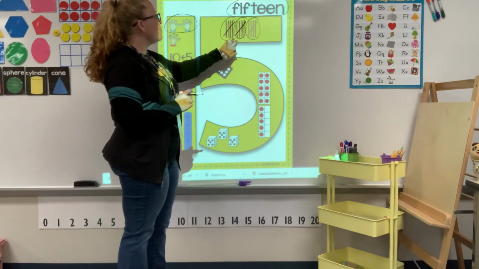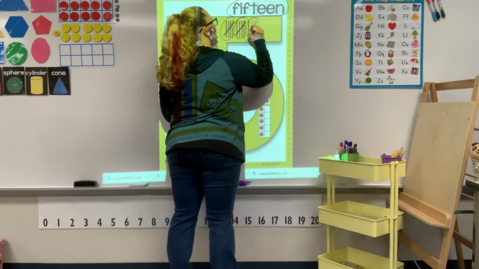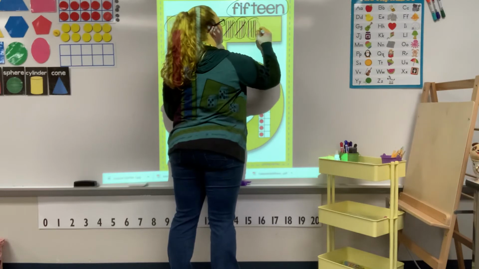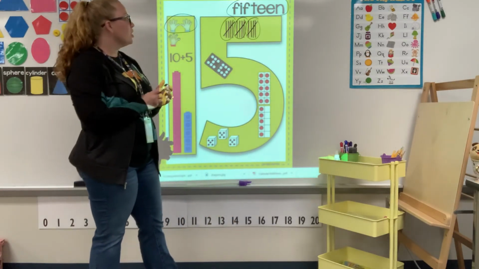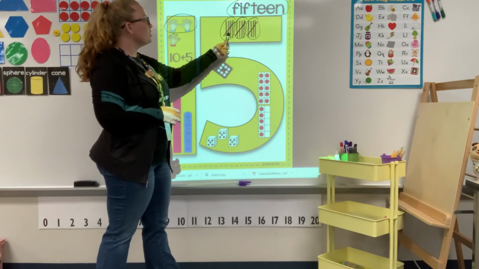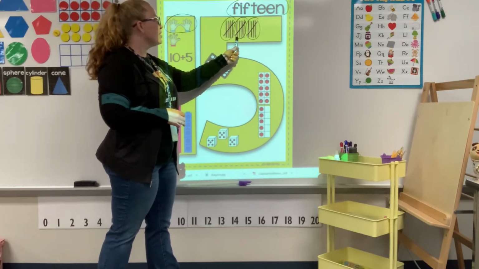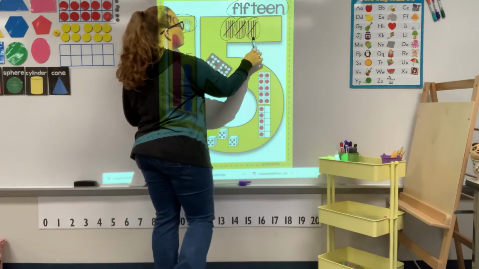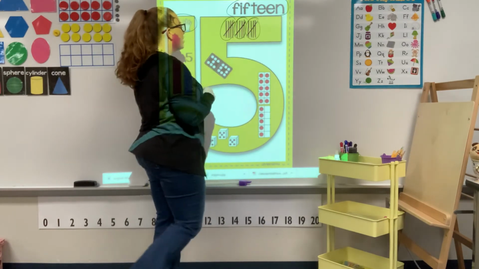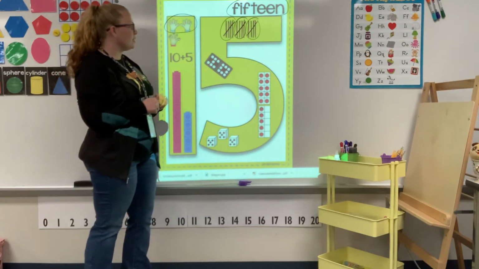So we have 5 and 5, and then we have 5 more. I just colored it in just so y'all could see it a little bit better. So if we know we have 5 here, let's count on: 6, 7, 8, 9, 10, 11, 12, 13, 14, 15. So we have 15.